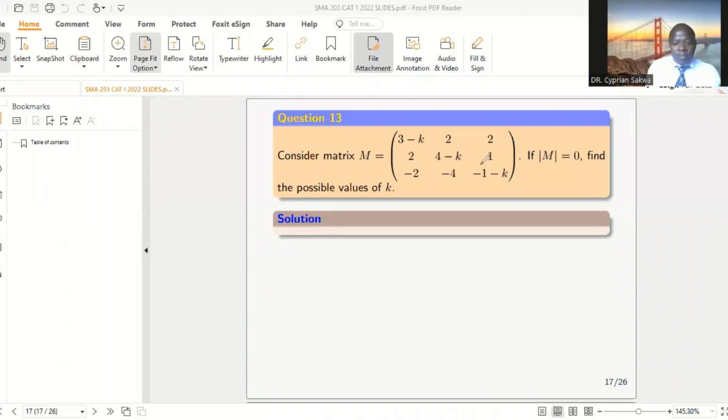This question is similar to the ones we've done before. The determinant is 0, find the value of k. So let's just do that. Let's just equate this determinant to 0 and see what we get.